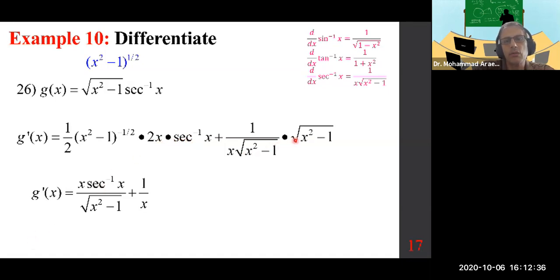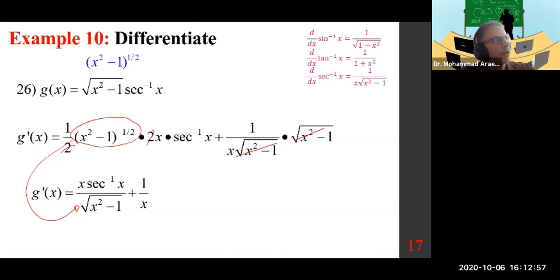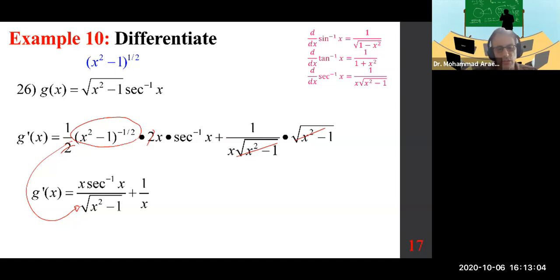X squared minus 1, x squared minus 1 under the radical, they cancel each other, we get 1 over x. In other words, let's just make sure we understand what happens. This part cancels out this part, and this is the same as this part, class, where 2 cancels out 2. Okay, it's pretty straightforward.